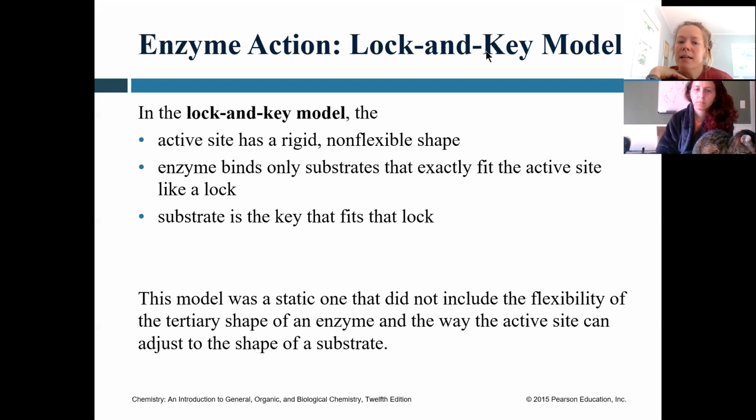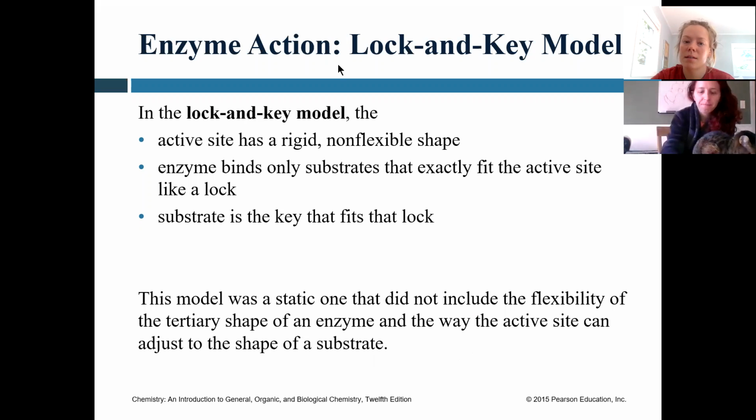So the enzyme binds only to substrates that exactly fit that active site, like a lock and a key. The substrate is the key that fits the lock of the enzyme. A note down here: this model was a static one that didn't include the flexibility of the tertiary shape of an enzyme and the way that the active site can also adjust.